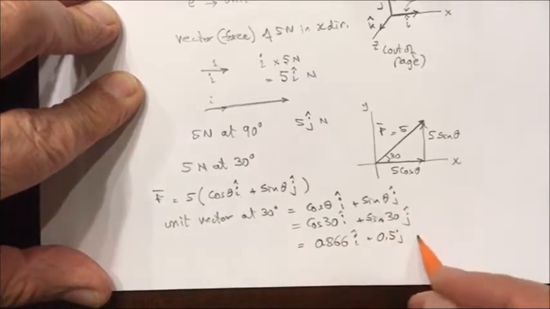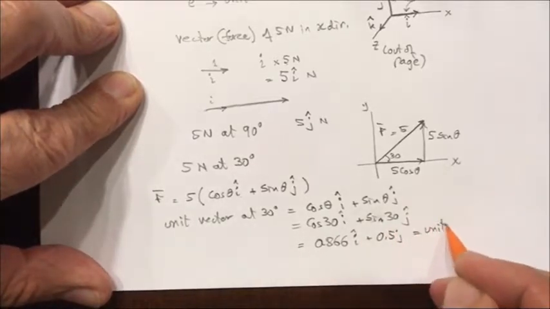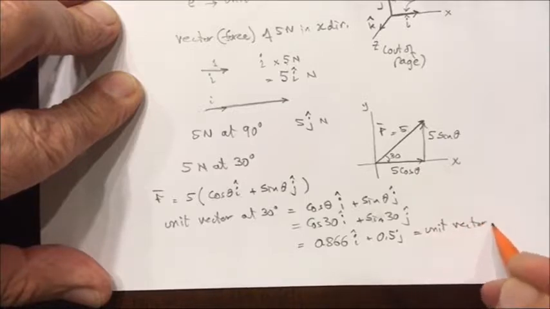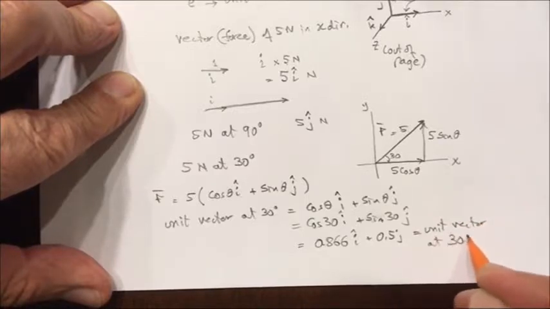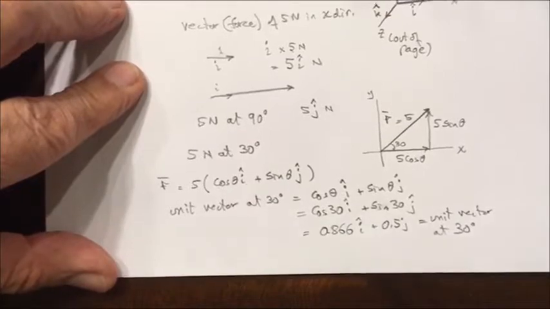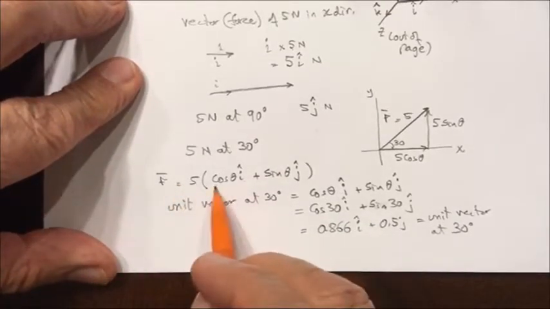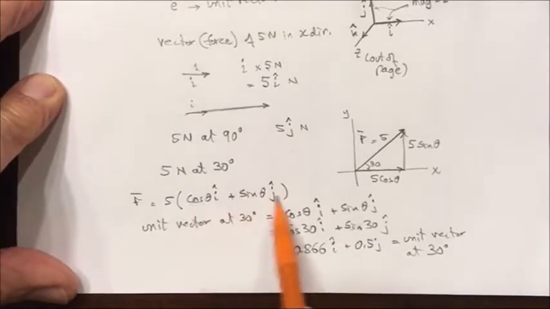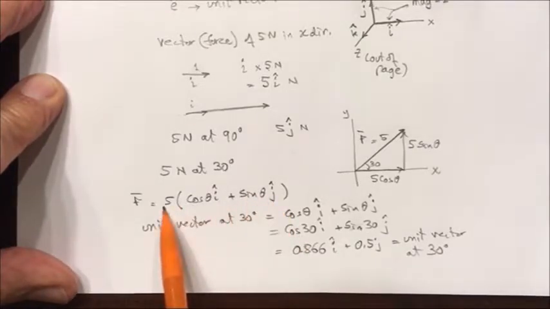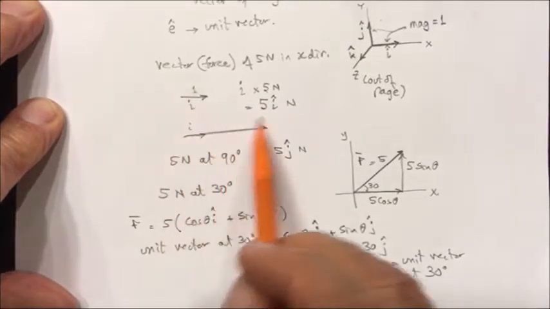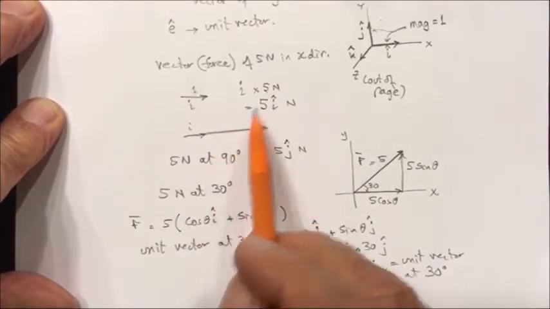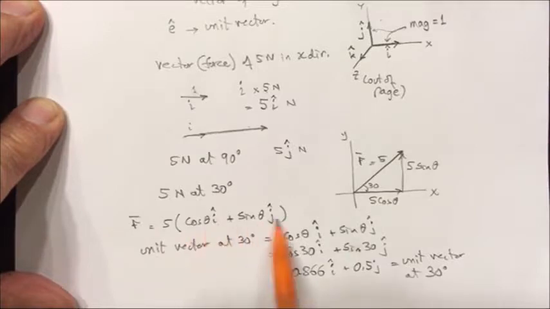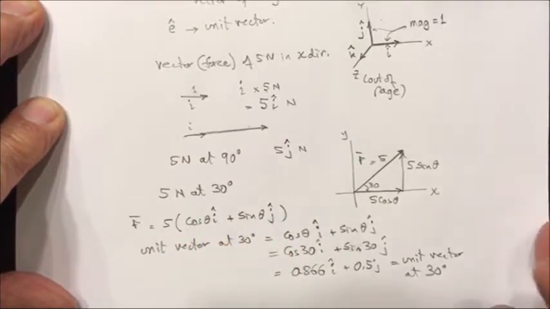So this becomes the unit vector at 30 degrees. And what we've done here is we took our unit vector at 30 degrees and multiplied it by 5. Like here, we took the unit vector in the x direction and multiplied by 5. We took the unit vector at 30 degrees and multiplied by 5.